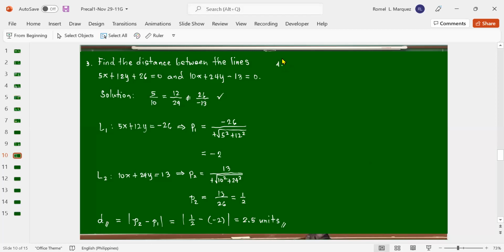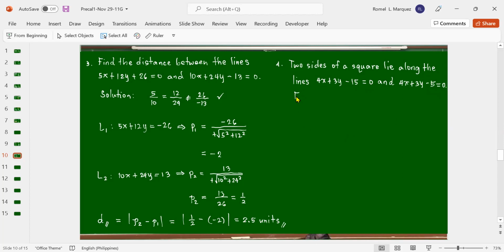Number 4. Two sides of a square lie along the lines 4x plus 3y minus 15 equal to 0 and 4x plus 3y minus 5 equal to 0.